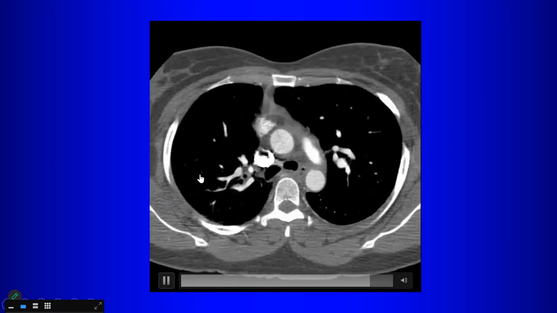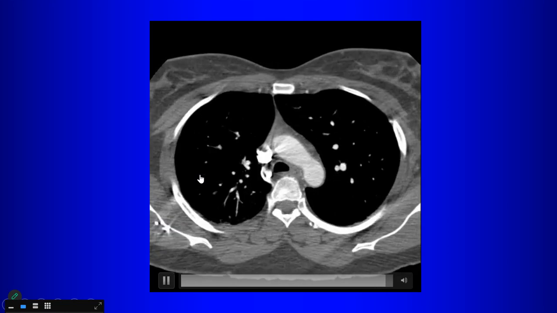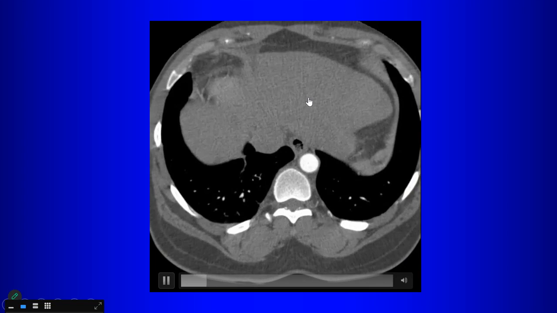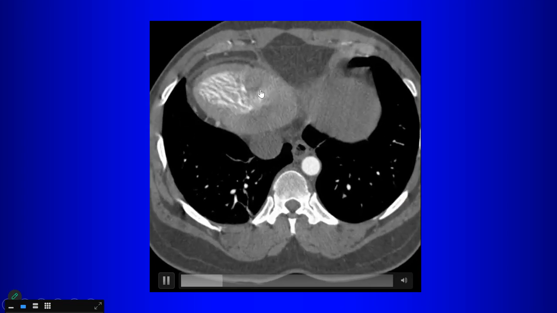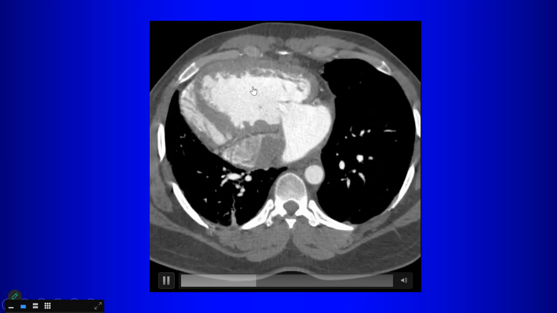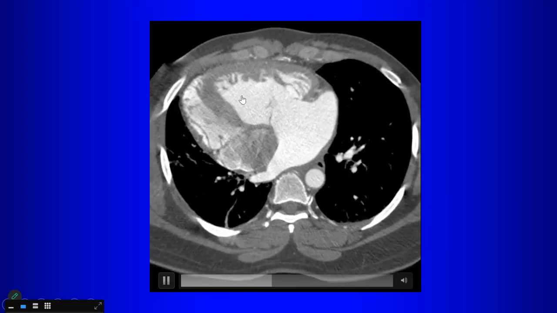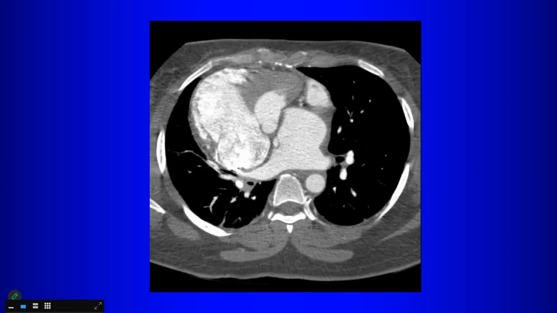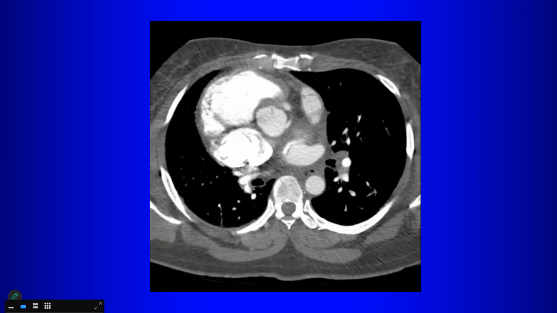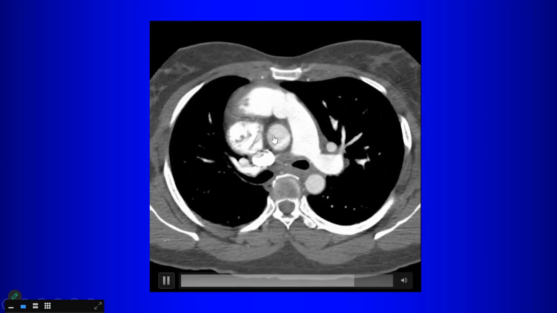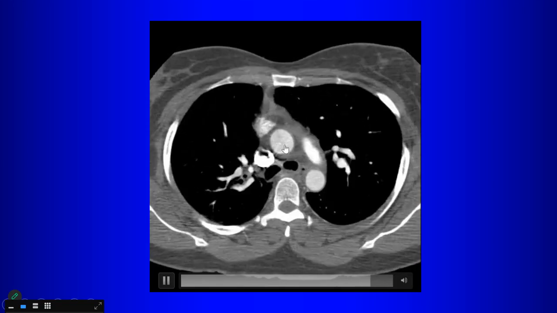So we can start with the morphologic left ventricle there. This morphologic left ventricle is connected to what, as far as outflow? The aorta, right, there it is.